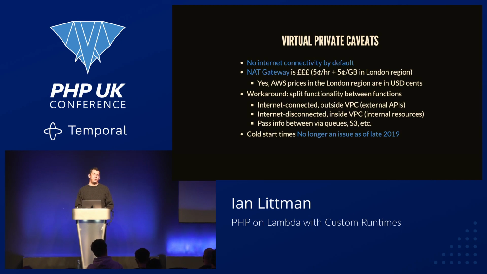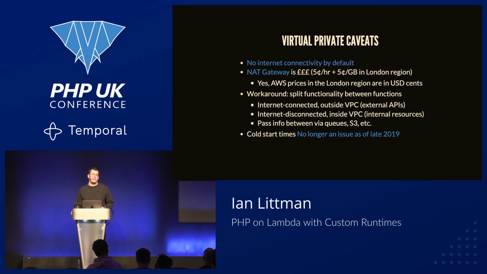So what you can do architecturally, if you need stuff in a VPC and the cost of outbound transfer is an issue because you weren't planning on setting up a NAT gateway and having it sit there and bill you for your serverless thing, you can split your architecture to where anything that needs to contact internet-facing services is in a Lambda outside the VPC, and anything that requires connectivity within the VPC is split off, and you just have one function that's contacting internet-focused things and another that's not.